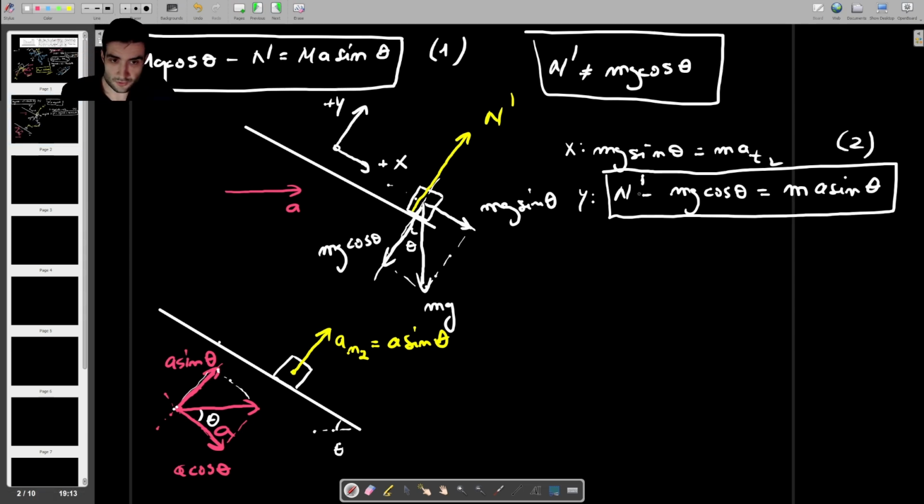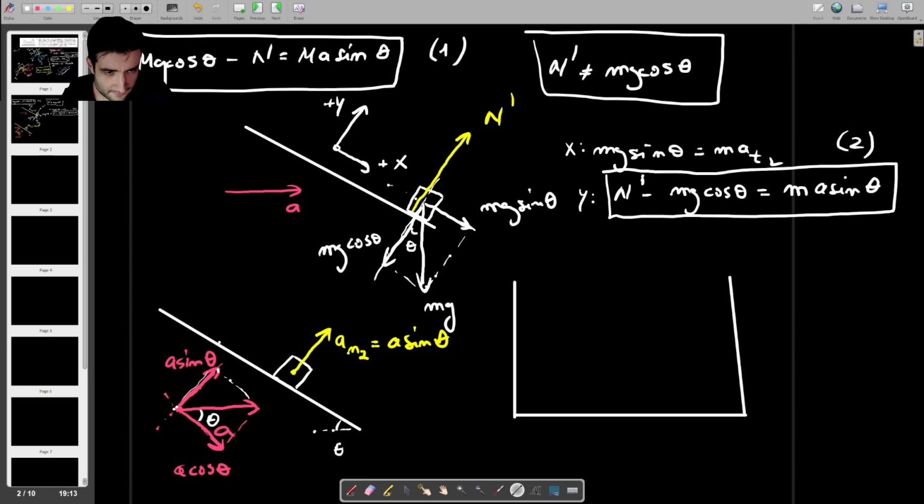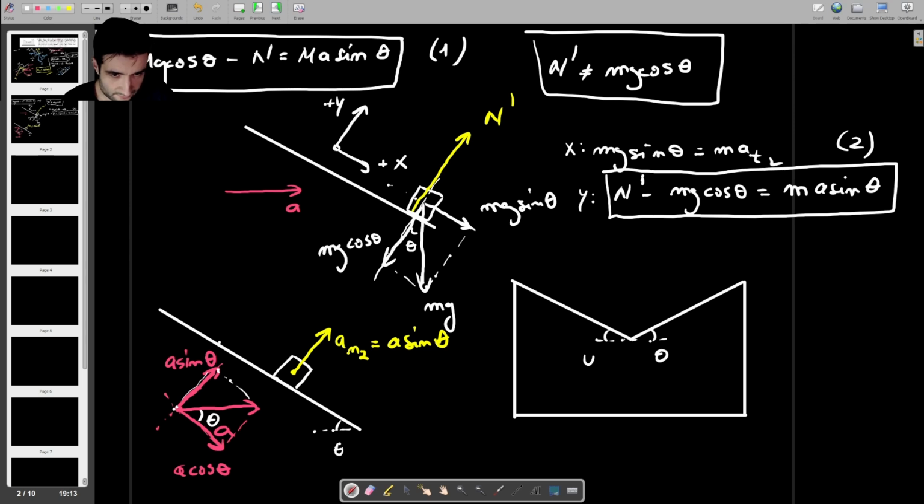And there's another equation we can write regarding the wedge itself, which is going to be an interesting relationship that you're going to notice in a second between the forces that are acting. So if this is the wedge, then we have theta, and let's think what forces are acting on it. Well, clearly we have n.